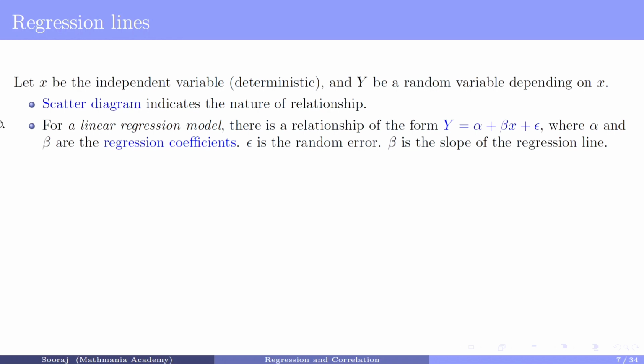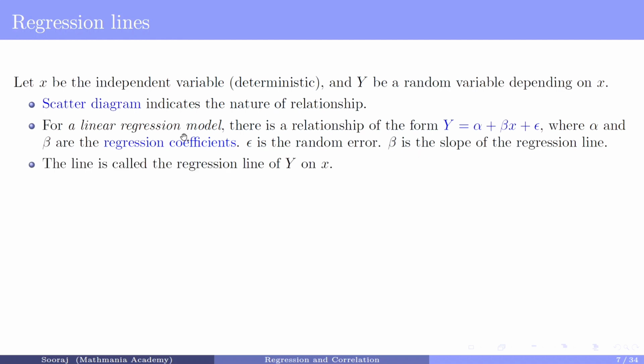For a simpler case, that is for a linear regression model, the relationship is of this form: y is alpha plus beta times x plus some epsilon, where alpha and beta are the regression coefficients, and this epsilon is the random error, and of course this beta is the slope of the regression line.